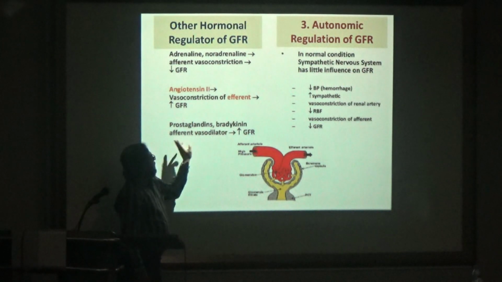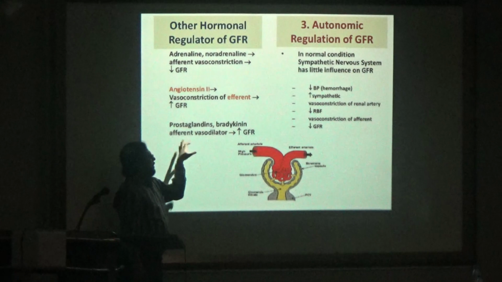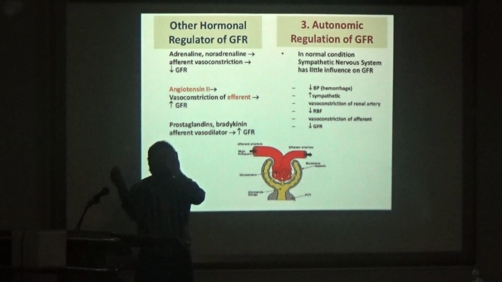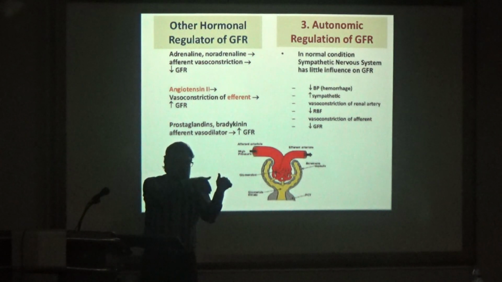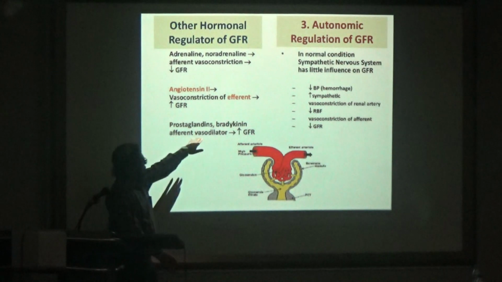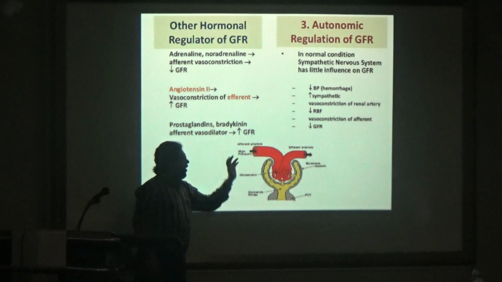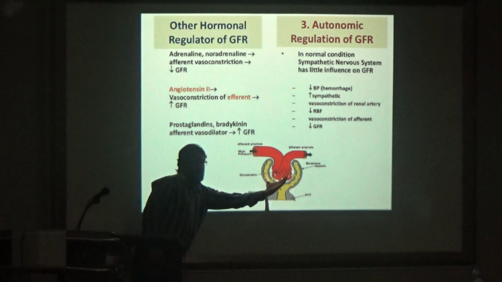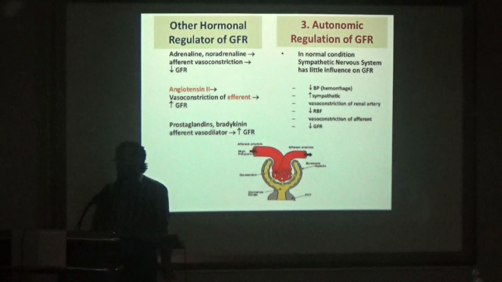Prostaglandins and bradykinins vasodilate the afferent, so more blood comes into the glomerulus, more filtration, and an increase in GFR. You have to understand these mechanisms; if you have understood them, it is a cakewalk.